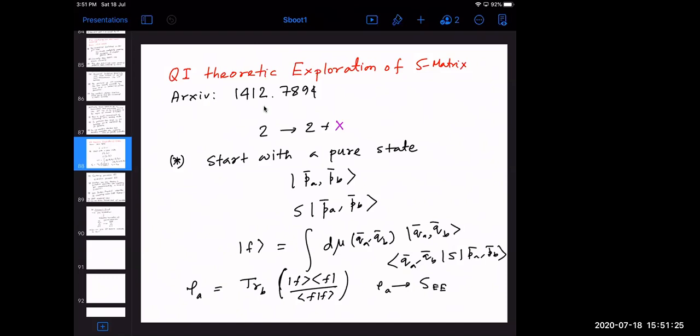Yeah, well, maybe. Yes, you are actually right, but I've not thought about it. I think Arnab pointed out that the S-matrix is a unitary evolution, so one should get a pure state.